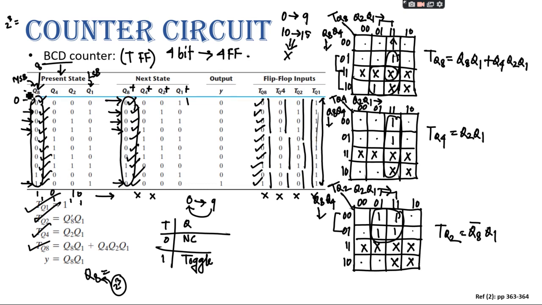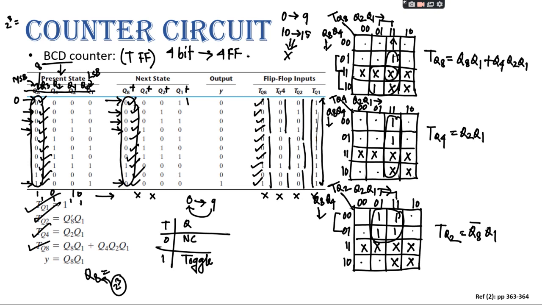Or you don't need to do this, you can simply do what we used to do: Q3, Q2, Q1 and Q0. Okay. Yes, it can be done this way. We are just following the books.